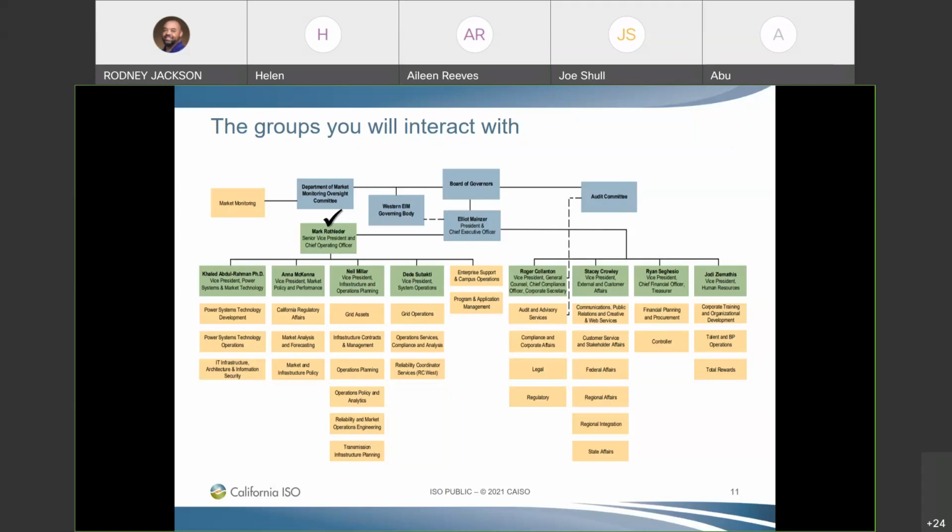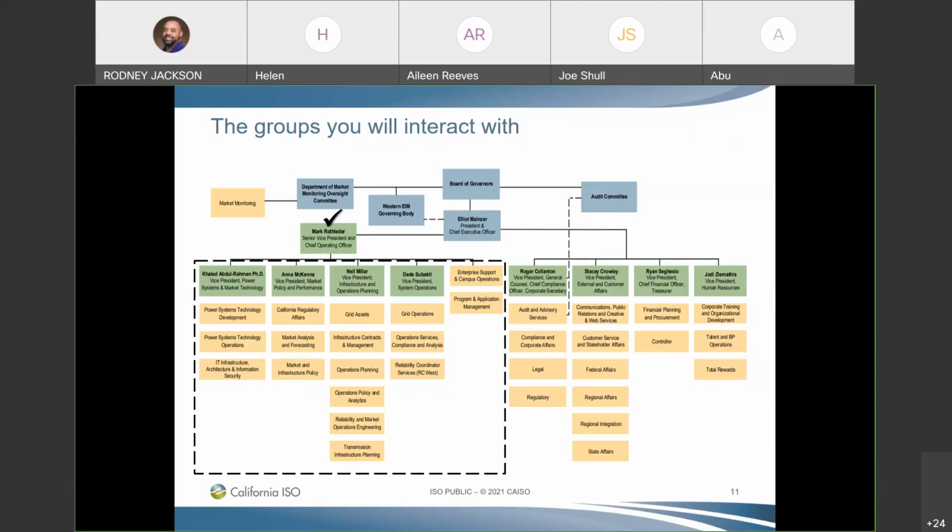Now, other notable divisions include our legal and regulatory teams that work with the ISO tariffs and interact with FERC, NERC, and WECC that we just talked about, and other agencies when it comes to filing compliance and regulations. The external and customer affairs teams, both within the ISO footprint and at the regional level, handle interactions that cover everyday questions as well as forward-looking policies such as improvements to the ISO markets, EIM, and regional integration.